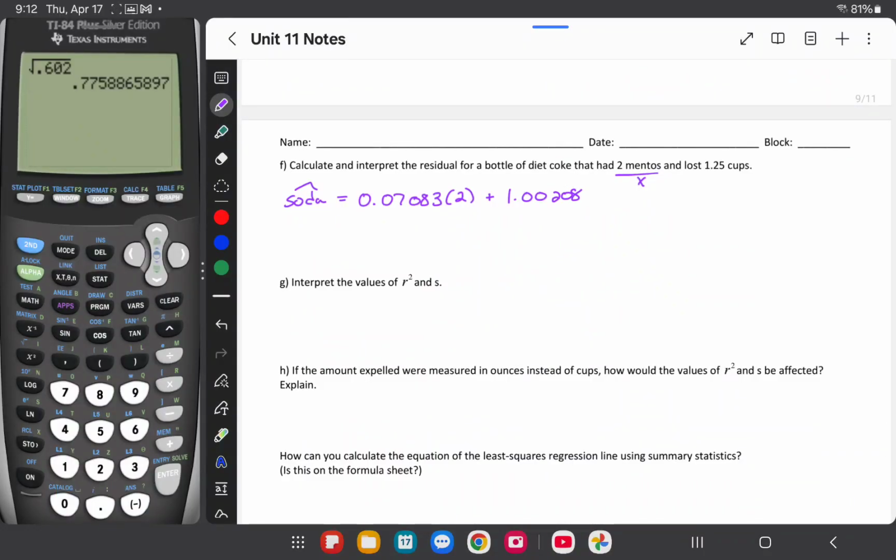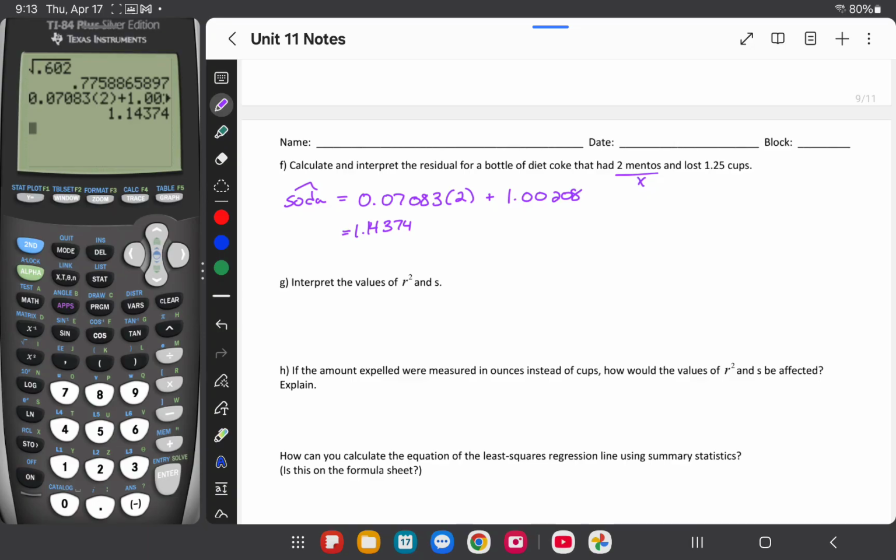And then let's plug that into our calculator to see what the predicted amount of soda expelled would be. So we'll take that times 2 plus our 1.00208, which is approximately 1.14374.